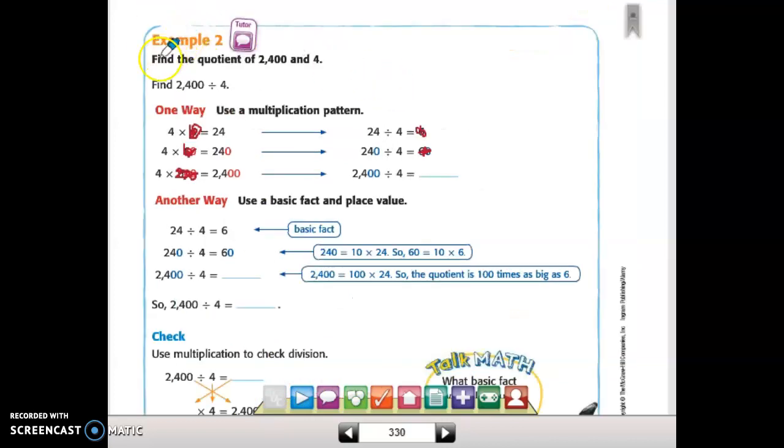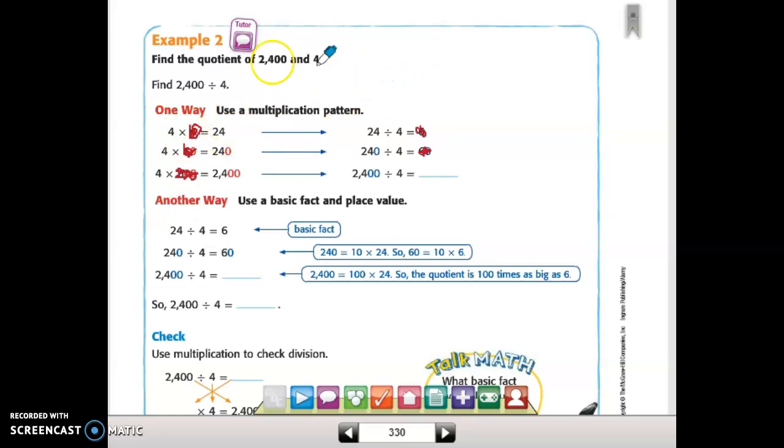And here's example 2. The example is find the quotient of 24,000 divided by 4. So this is our problem. We can use our multiplication pattern, and this time I scribbled out the answer so you can see what you're trying to figure out. You've got 24,000, which are the numbers from the equation, and we're drawing it back to the basic fact. And 4 times what is 24?